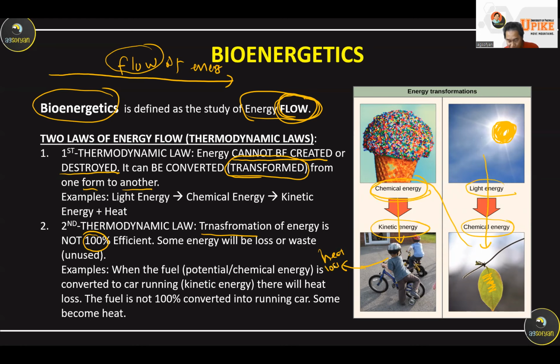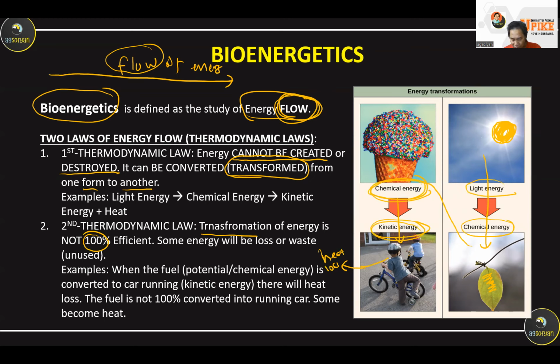So the kid's body will be hot, and the heat coming from their body will be radiated into the air. So it's not 100% efficient. Not all energy from this chemical energy will be used as kinetic energy, as movement energy. There is some that becomes lost.